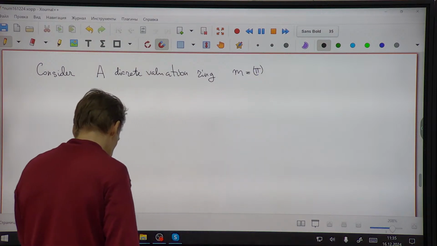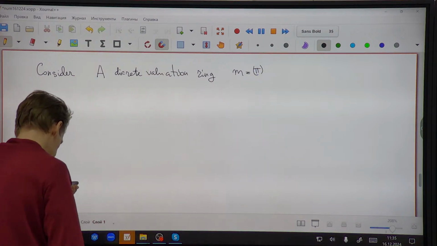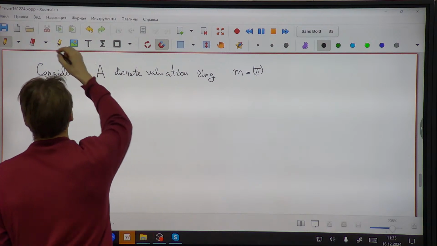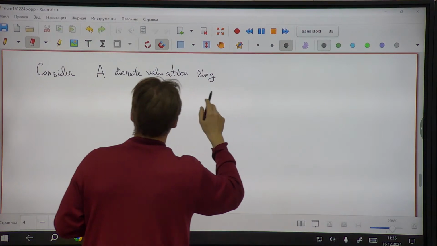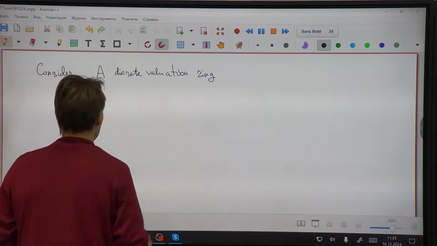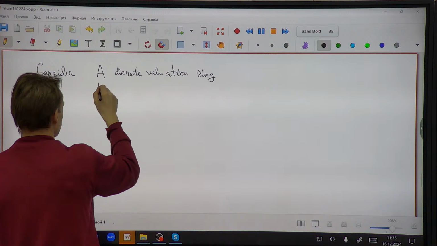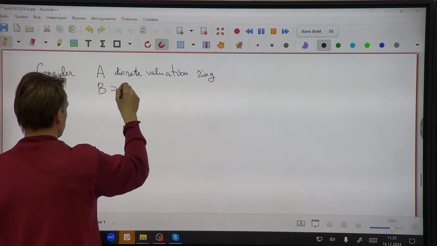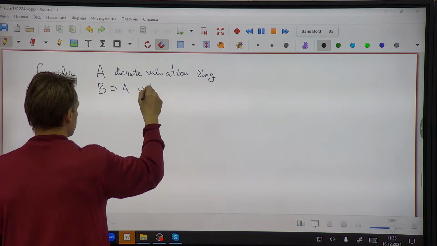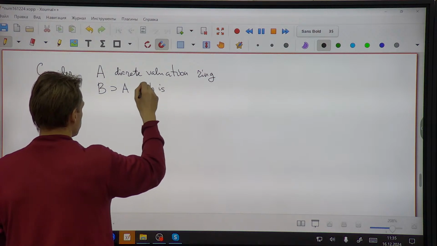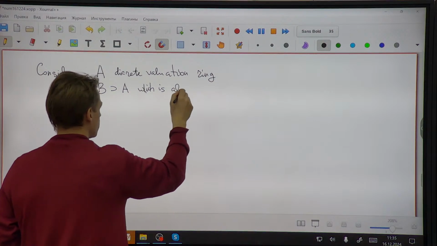And B will be an extension of A, which is also a discrete valuation ring.